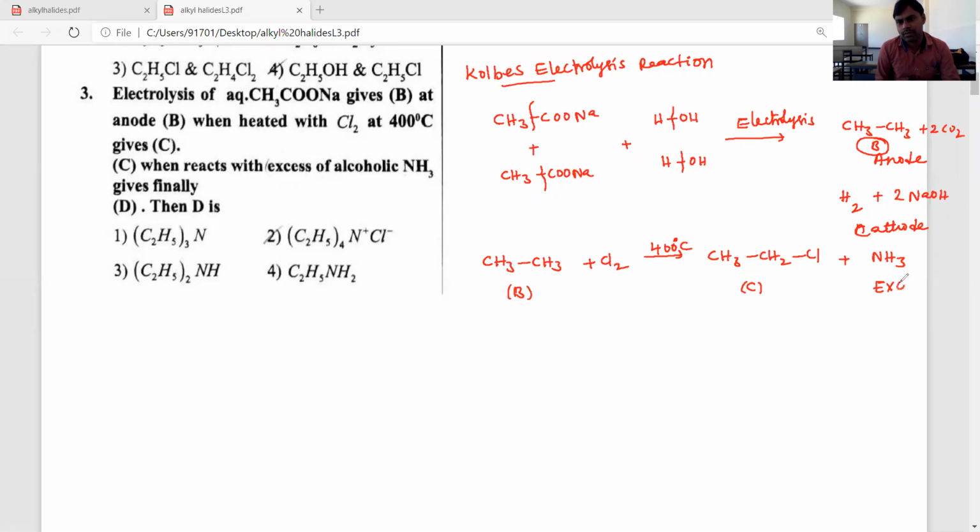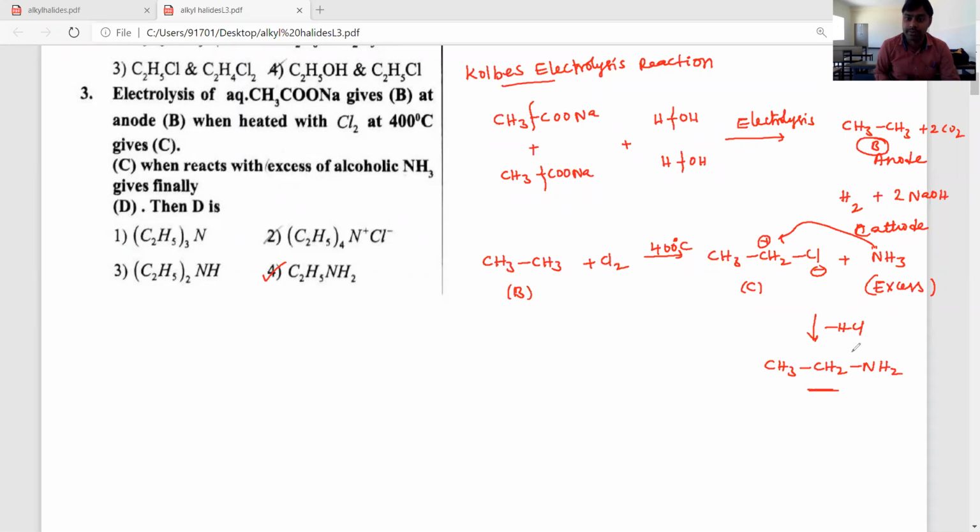If excess ammonia is used, then 1 mole of ethyl chloride is limiting. Chlorine has negative charge and carbon positive charge, it undergoes nucleophilic substitution with loss of HCl. Then the product is CH3CH2NH2, ethylamine. So the answer is the fourth one, excess of ammonia then ethylamine.